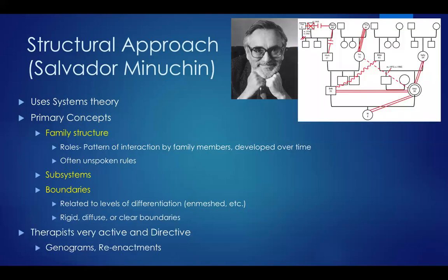And therapists are often usually very active and directive in this type of theory. They're asking questions, they're telling you to do things. One of the things that they might do is a genogram, which is pictured up here. This is sort of like a family tree where you list, let's say there's a child M, the parents Bob and Amy, and then the black lines are just how they're related, but the red lines are the relationships.